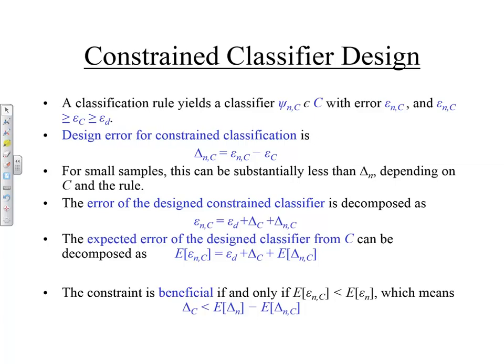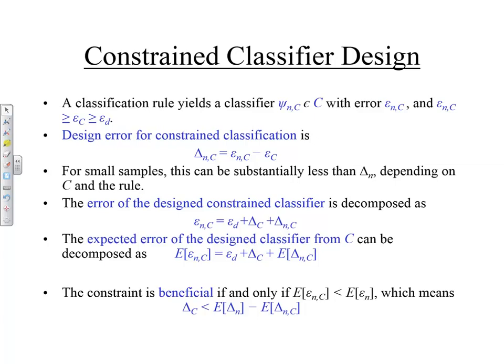Now the constraint will be beneficial if and only if the expected value of the error for the constraint design classifier is less than the expected value of the error of the original classifier, designed based on Bayes rule, the one that was trying to approximate the Bayes classifier. You can do the math: you have one expression, then another expression.